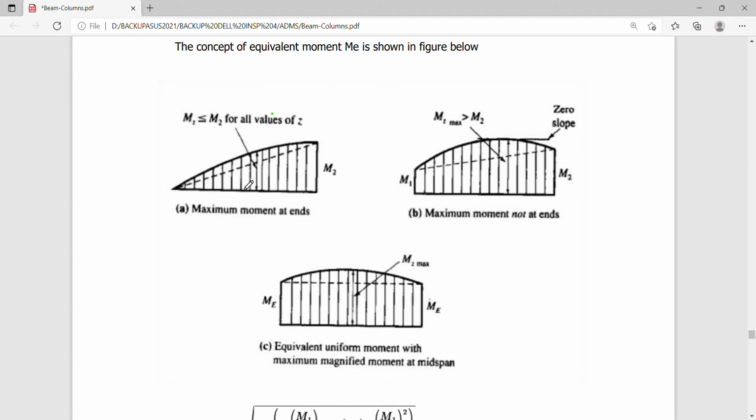is that the slope of the primary moment diagram, so this is your primary, is much steeper than this moment diagram.